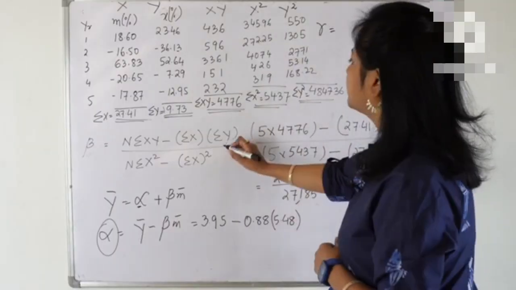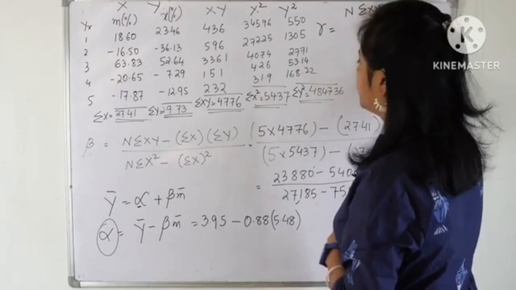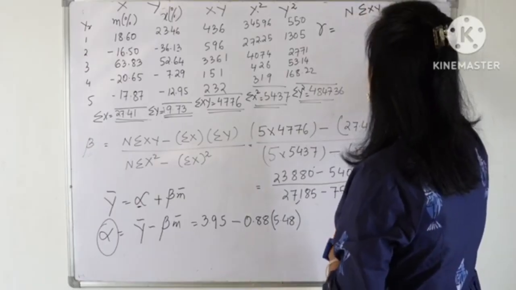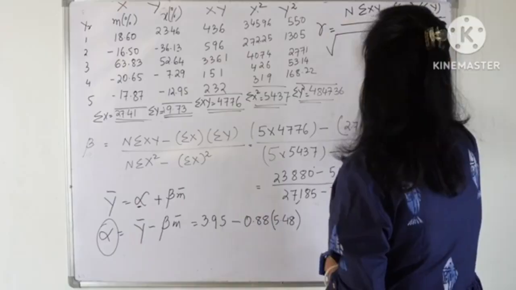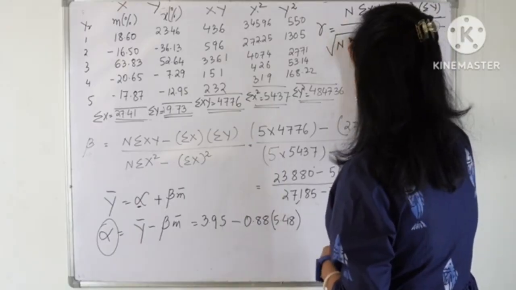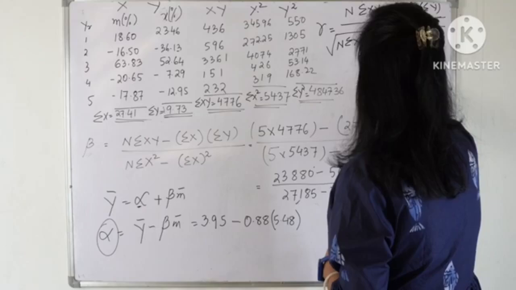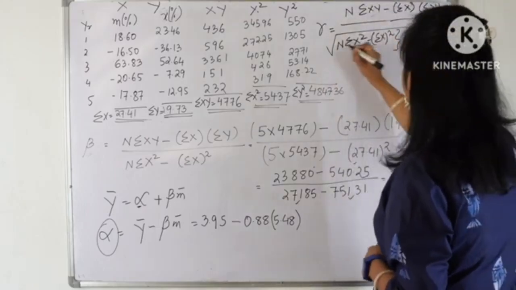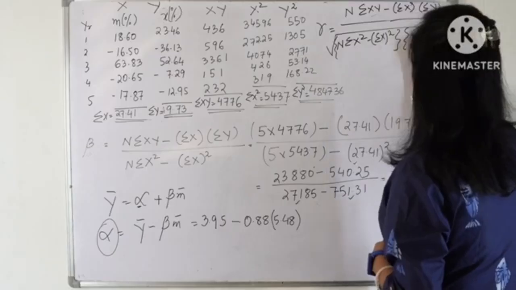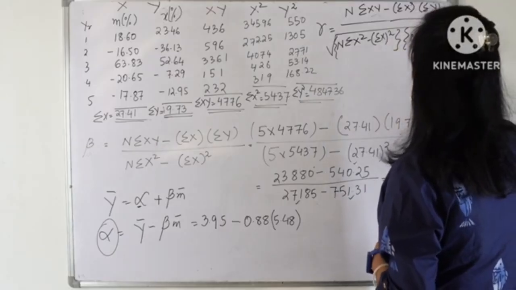Now R is the same formula: n into sigma xy minus sigma x into sigma y, divided by the root over n sigma x square minus sigma x whole square, multiplied by n sigma y square minus sigma y whole square.